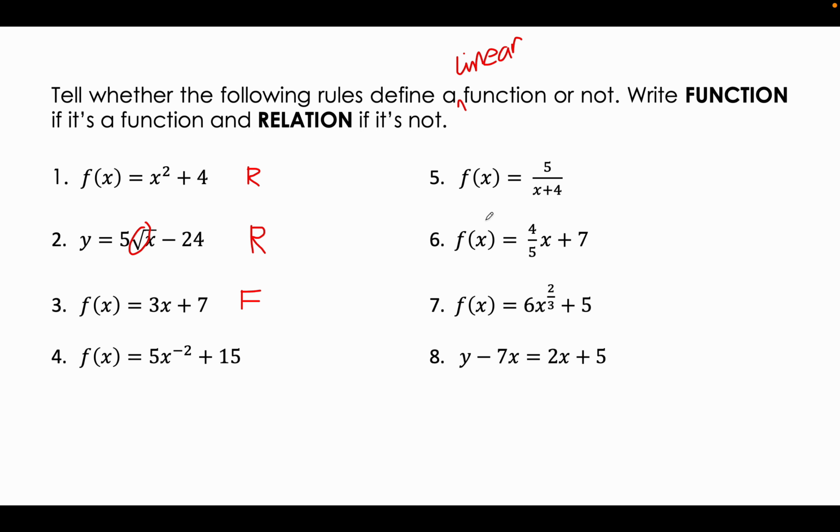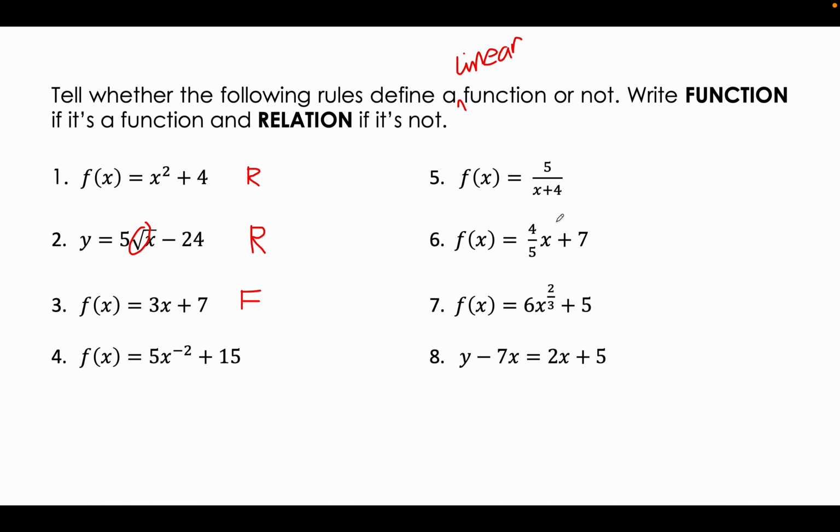Next, number 5. F of x equals 5 over x plus 4. Let's have Stephanie. Tell me first if it's a linear function or not, and then we are going to tell after which if we are going to answer function or relation.